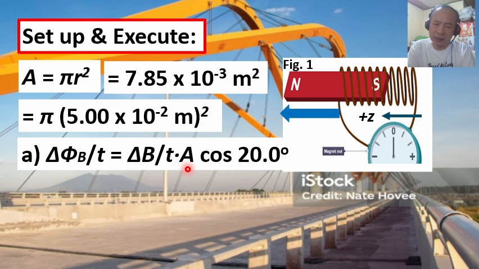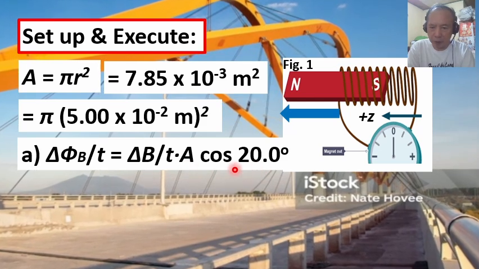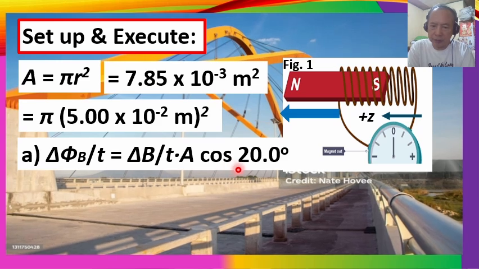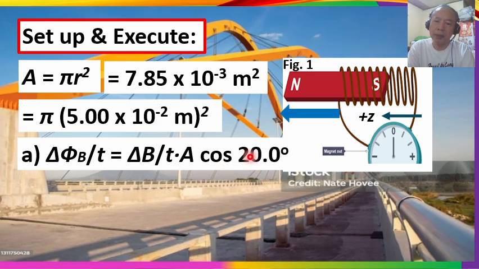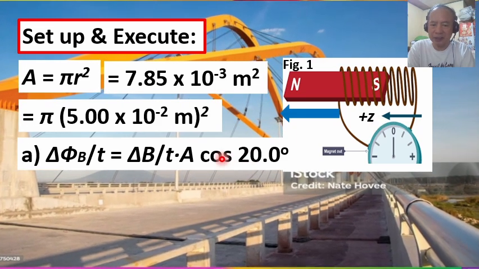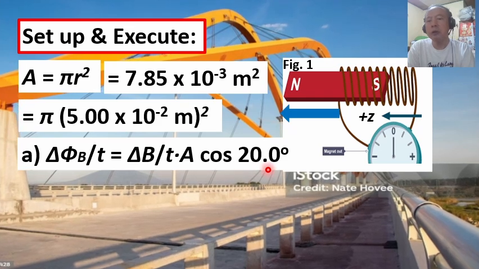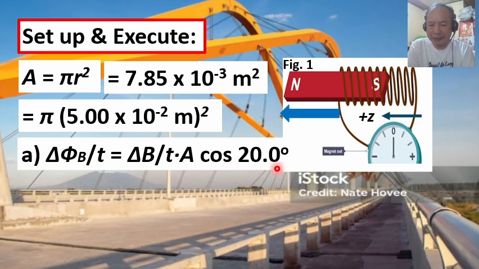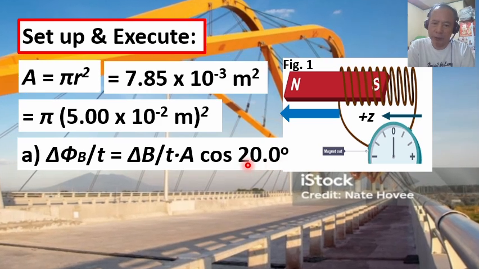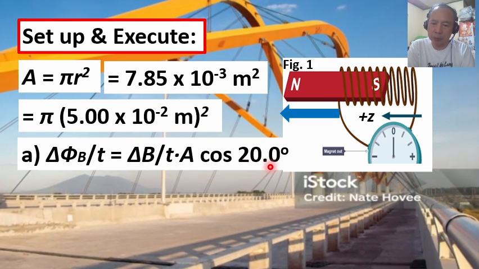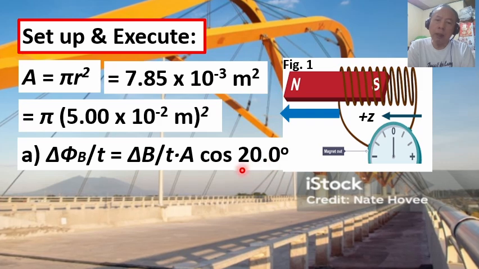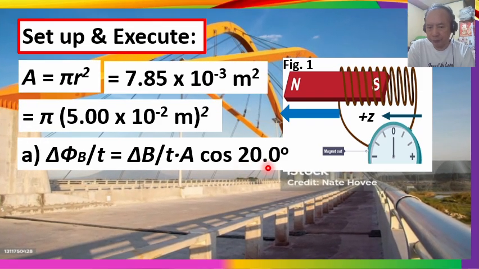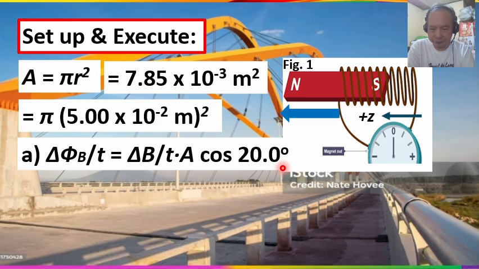is not actually the same because the area vector is somewhat deviated from the positive z axis by an amount equal to 20.0 degrees. So we call this angle the angle between the two vectors, the magnetic field vector and the area vector.